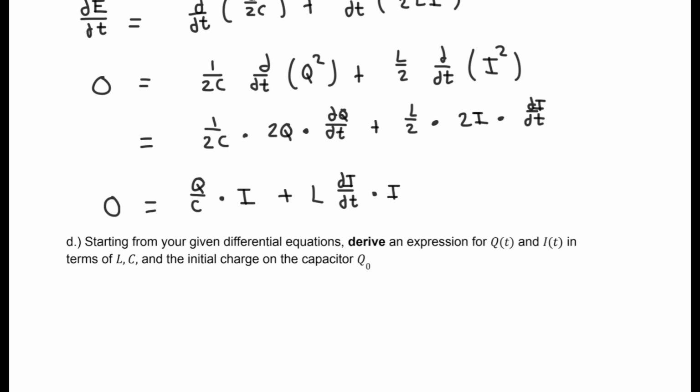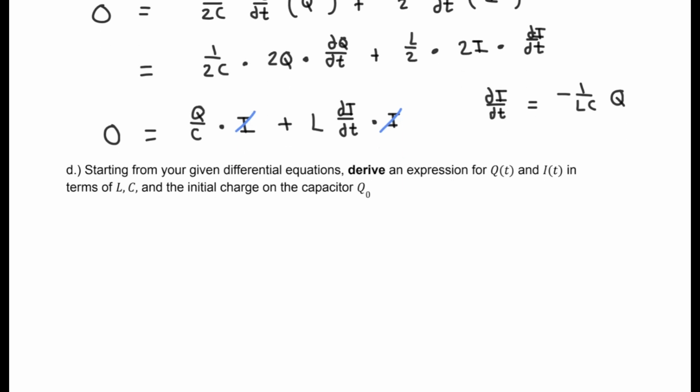Now since both of these terms share a common factor of I, we can cancel that out, and we'd get the same differential equation as before, where we'd get di dt is equal to negative 1 over LC times Q, and then we can just substitute our final expression that di dt is the same thing as the second derivative of Q with respect to time.